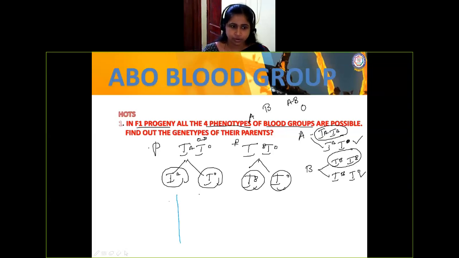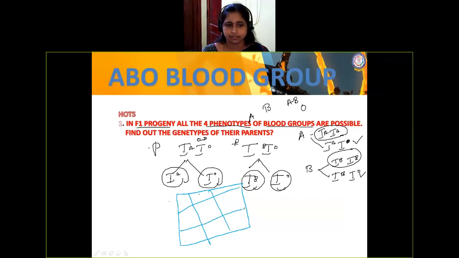So draw a box and show the Punnett square. Here, just draw male and then female.